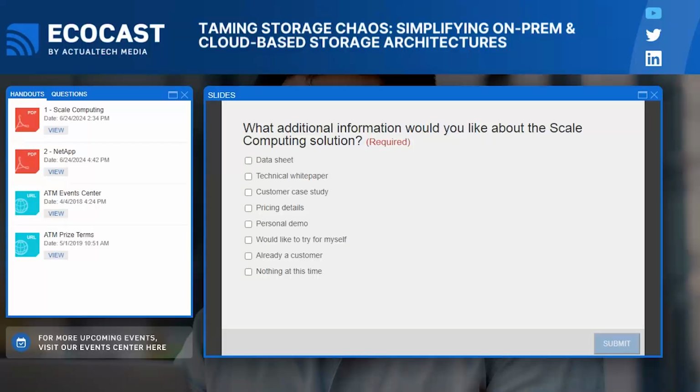Incredible. Okay, thank you. Next question here is from Elizabeth. She's asking, are there any orchestration tools included with Scale Computing? Yeah, so we touched on the Fleet Manager. That Fleet Manager web interface gives you quite a bit of tools for things like deploying updates and managing the status of all of the clusters out in the field.